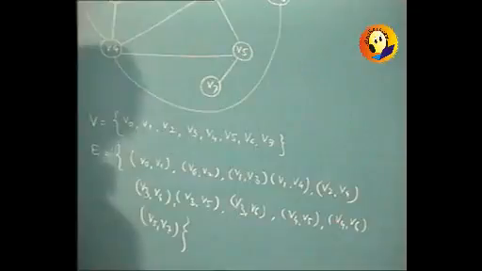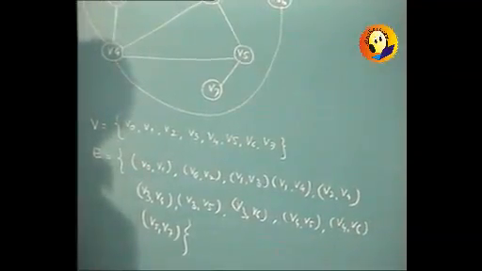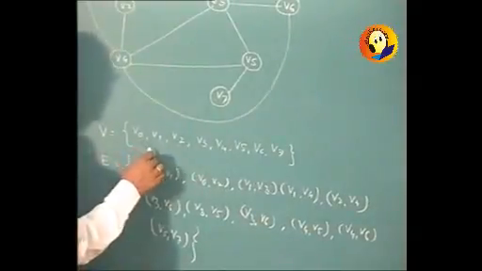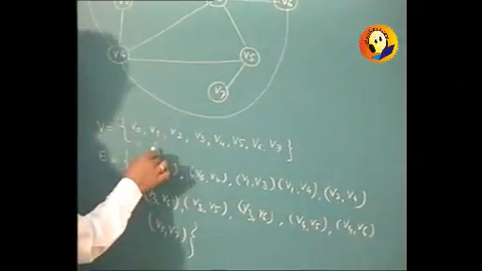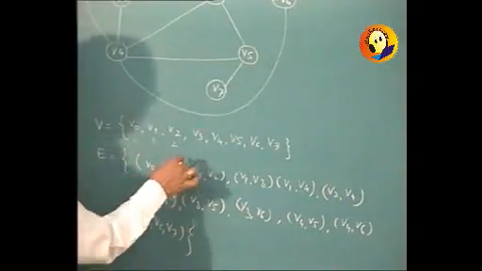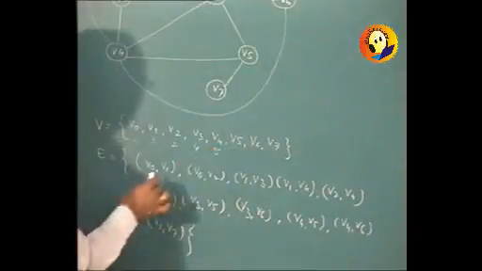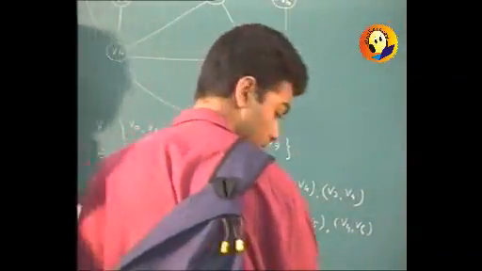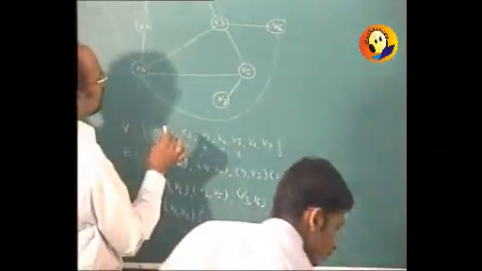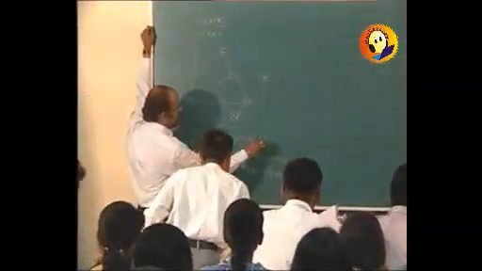You can check the degree of each vertex, like V0 has got degree 2, V1 has got degree 3, V2 is degree 2, V3 is degree 4, V4 is degree 5, V5 is degree 3, V6 is degree 2, and V7 is degree 1.